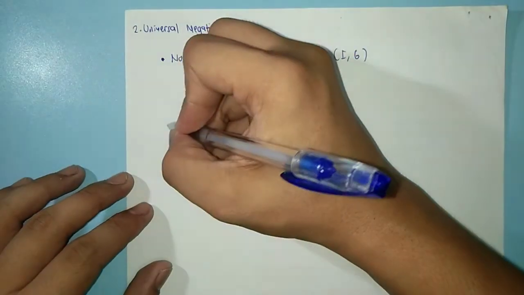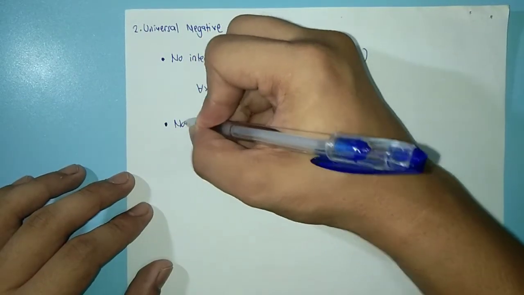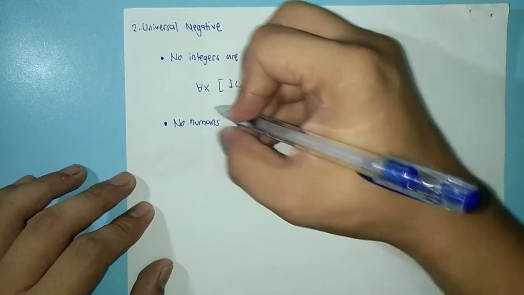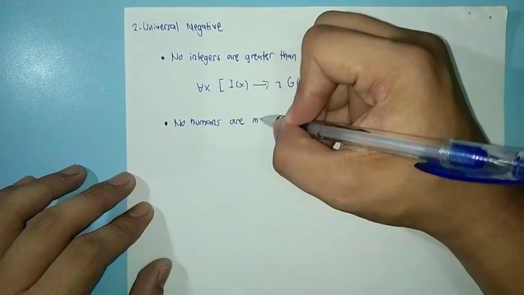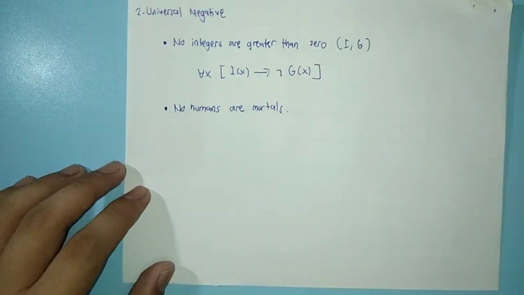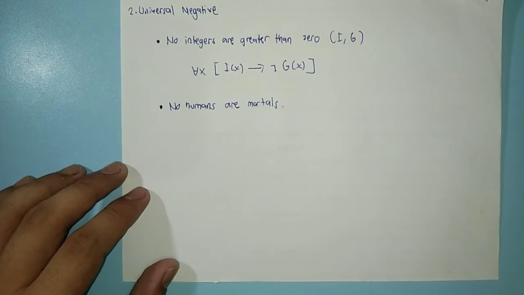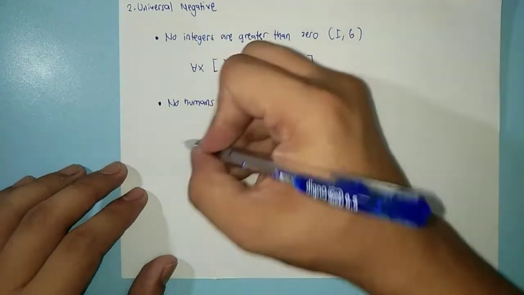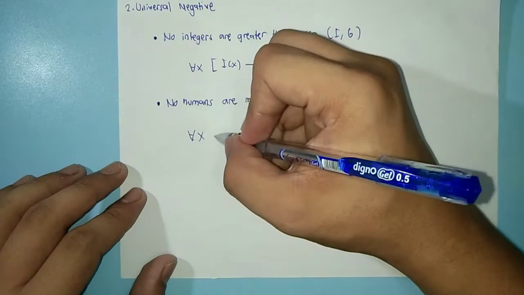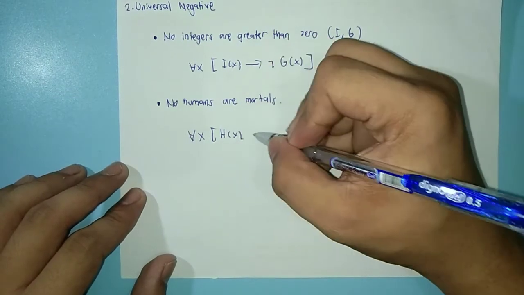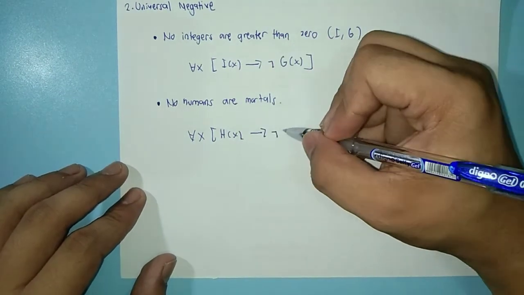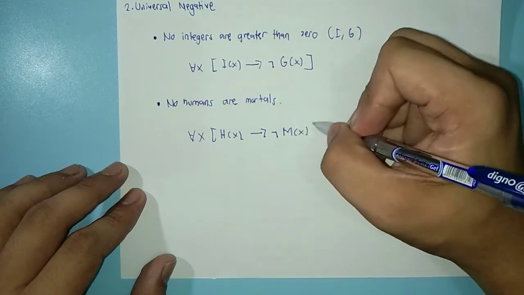Okay, so let's have another one. No humans are mortals. Okay? So, ibig sabihin yan, for all x, h of x implies not m of x. Okay?